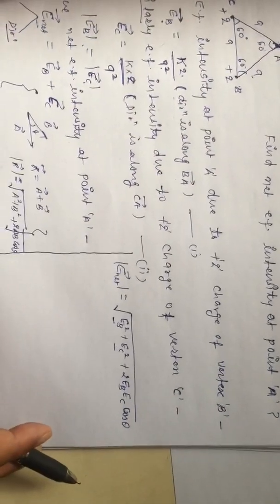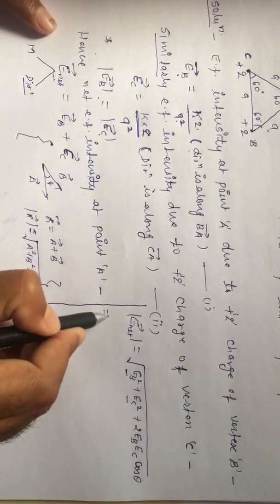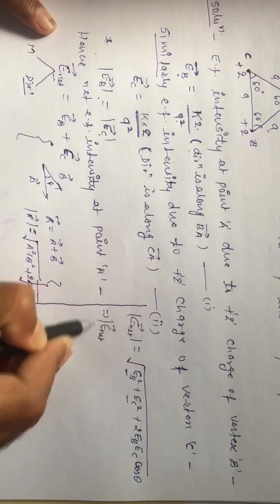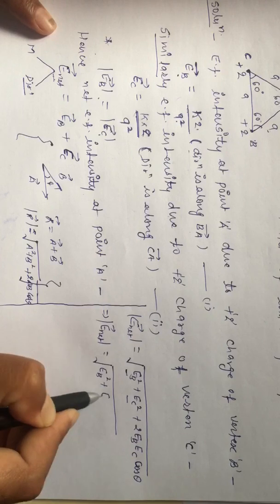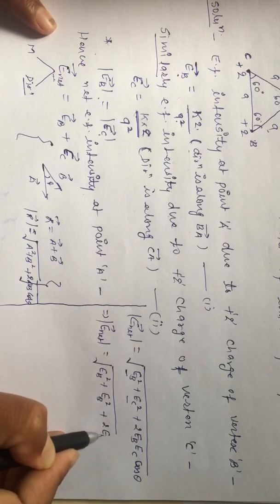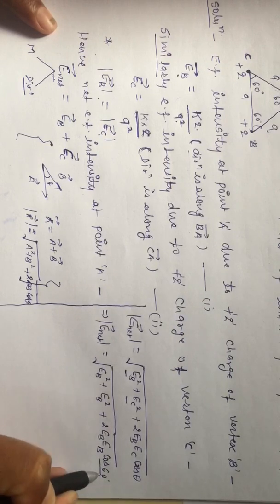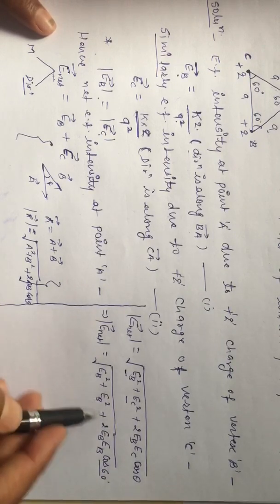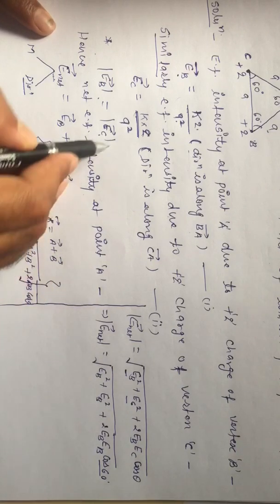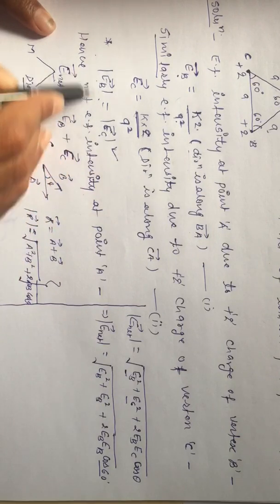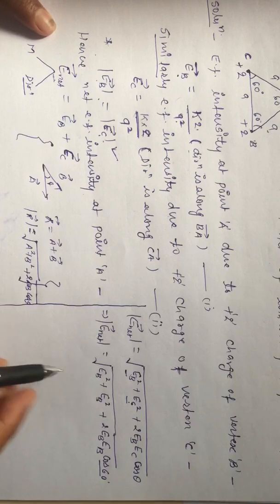Using 60 degree, the E net vector will have magnitude under root EB square plus EB square plus 2 EB EB cos 60, and cos 60 has the value 1 by 2. You know why EC square is replaced by EB square? Dear students, focus here. The magnitude of EB equals the magnitude of EC, so EC can be replaced by EB.